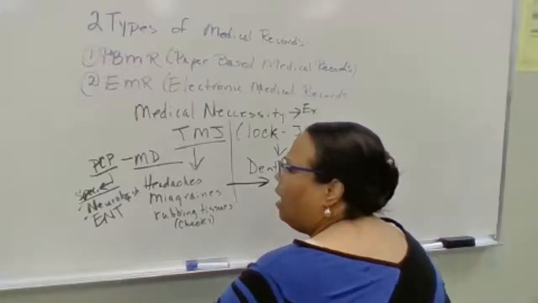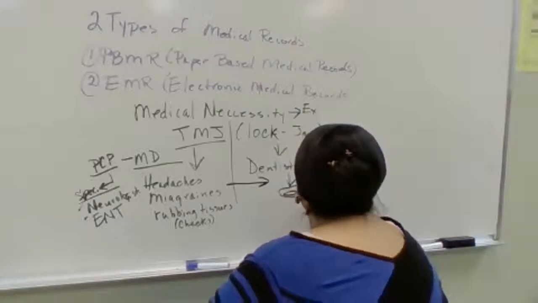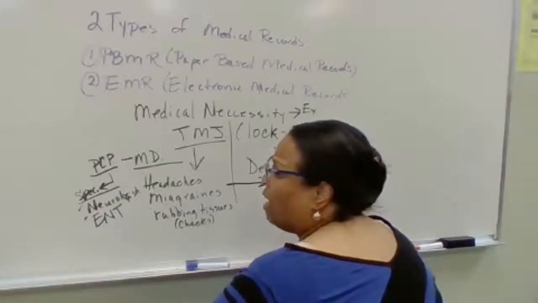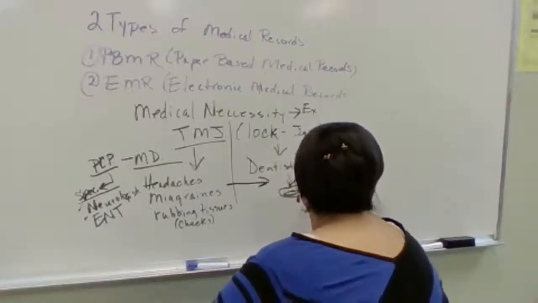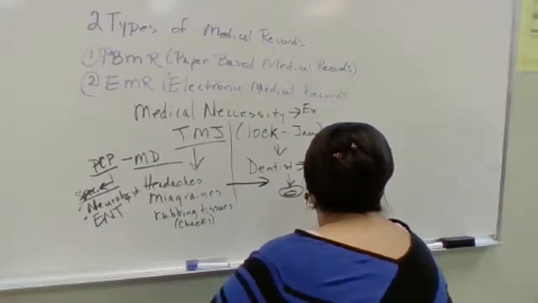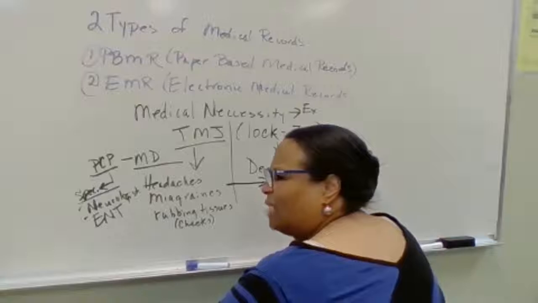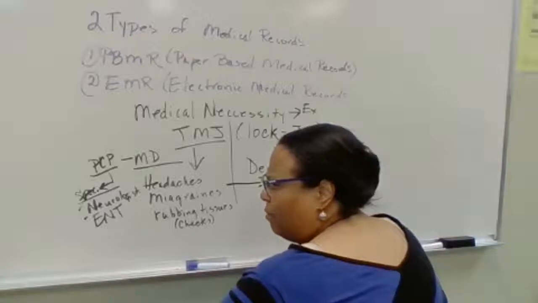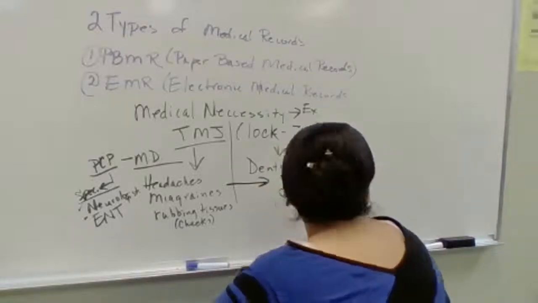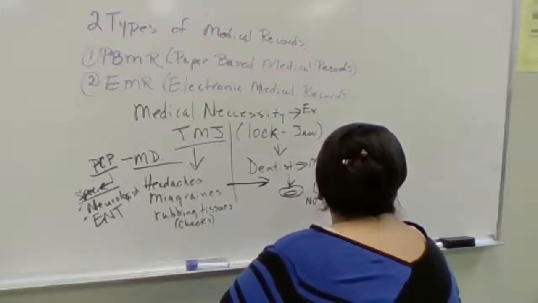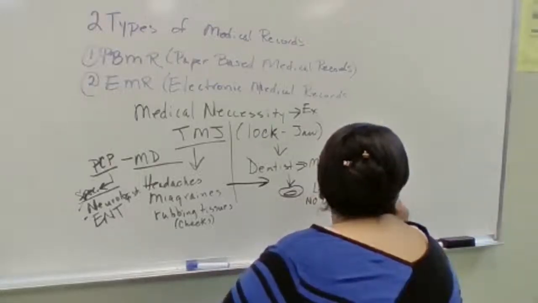Now, if the doctor, let's say your PCP, has treated you and they decide, okay, we're going to send you to a specialist. That specialist may be a what? Neurologist. Okay?